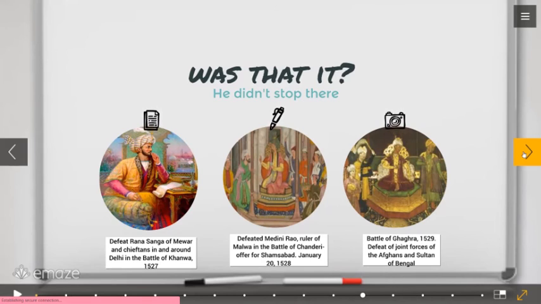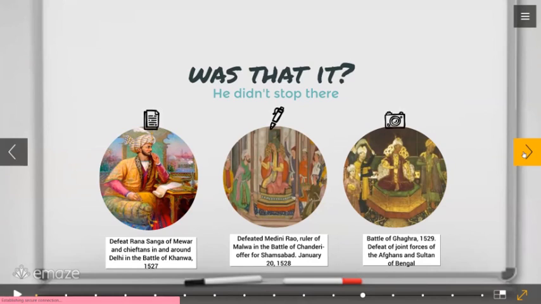He had also provided a lot of assistance to Rana Sanga, but Babur won easily. So he also tried to make an individual attempt with the joint forces of the Afghans. He led the Afghans and the Sultan of Bengal together. They fought at the banks of the river Ghagra, the Battle of Ghagra, but here also he was easily defeated by Babur.